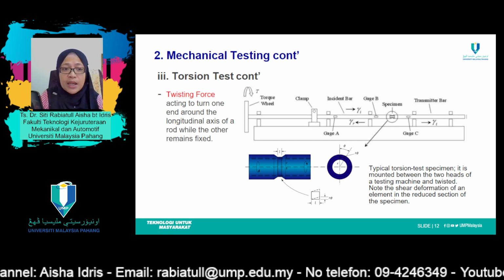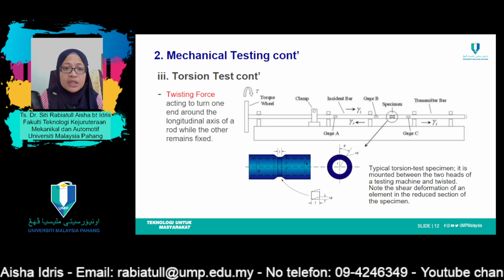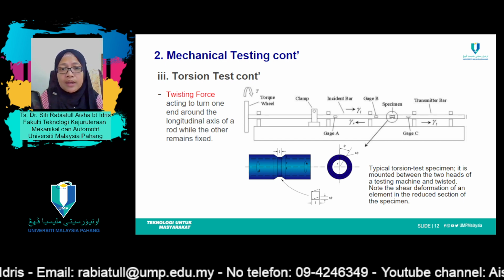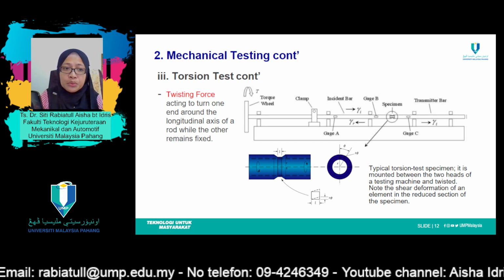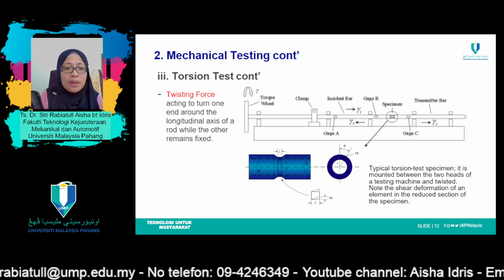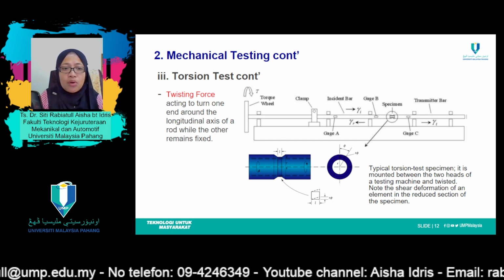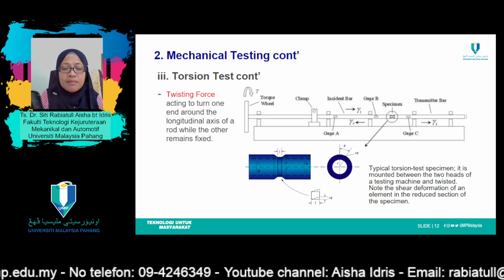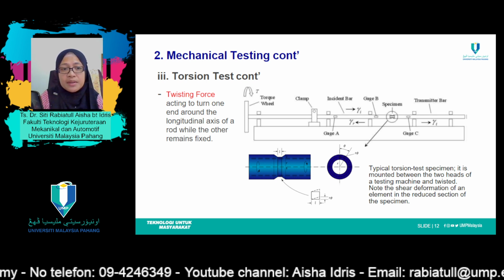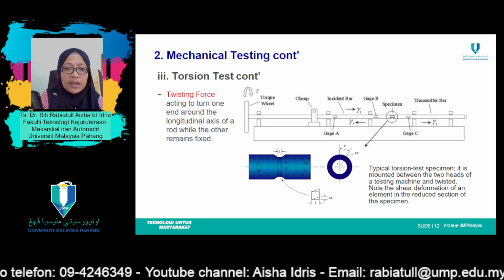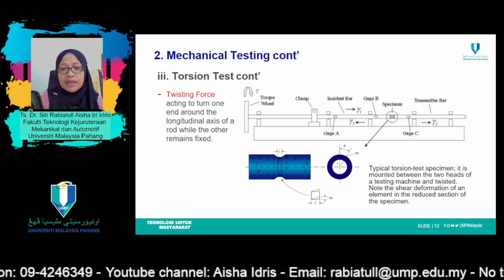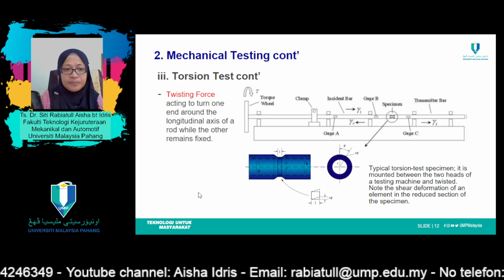Torsion testing is appropriate for materials that may experience a torsional load, like a metallic bone screw, an intramedullary rod, rubber tubing that may become twisted, or to measure the shear strength of a bond between an implant and native tissues like bone.